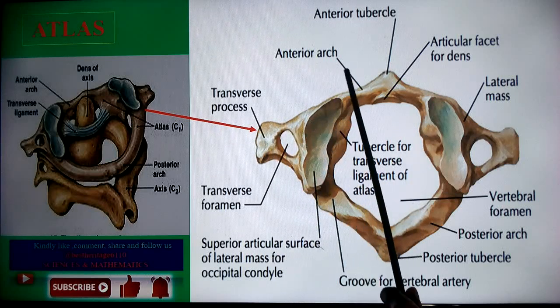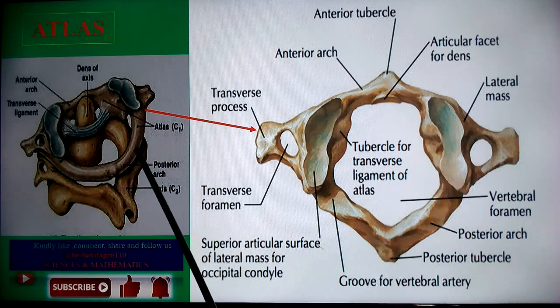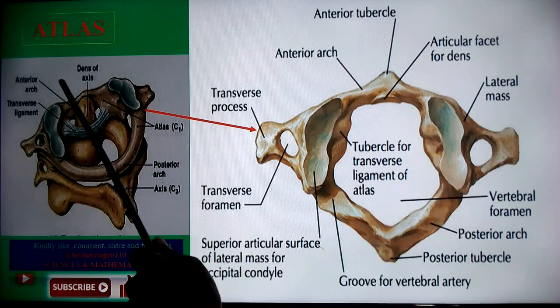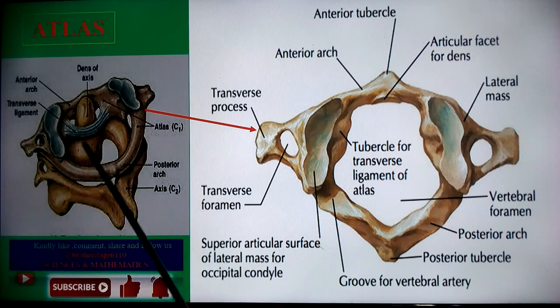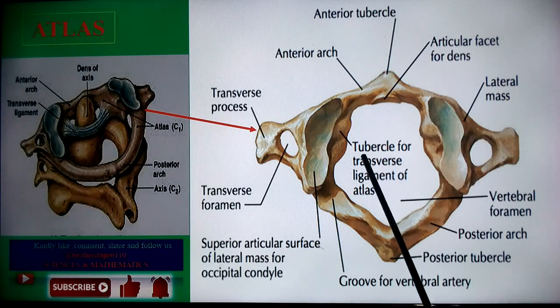Then we have the anterior and posterior arcs, which are shown at these specific parts of the articulation of the atlas to the axis. Here we have the tubercle for the transverse ligament of the atlas.